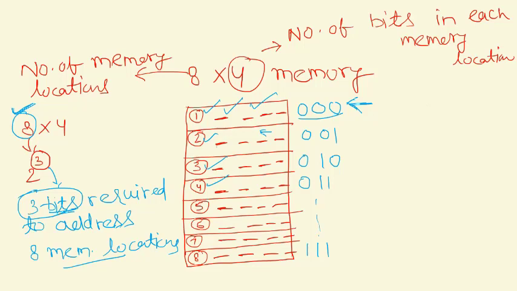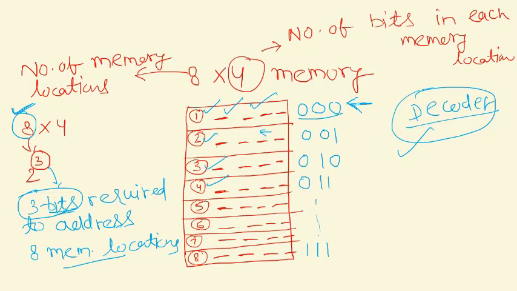These memory locations are selected with the help of a decoder. This task is performed by the decoder. So the first block of any memory is the decoder. With the help of the decoder, we can select the different memory locations. There are 3 bits.